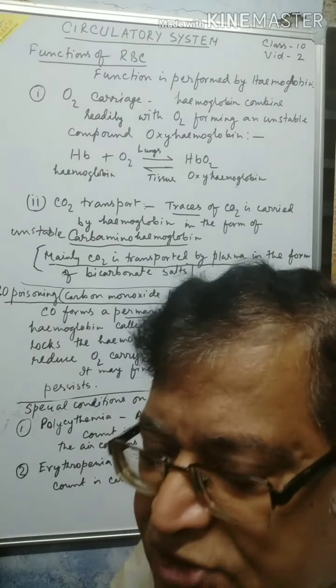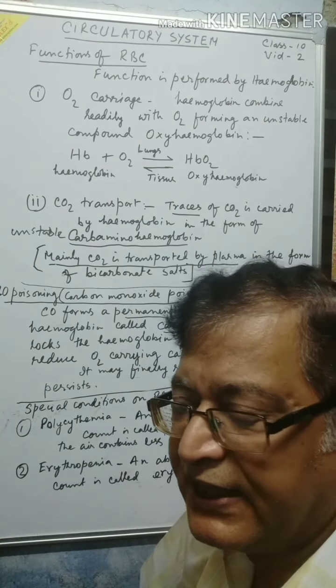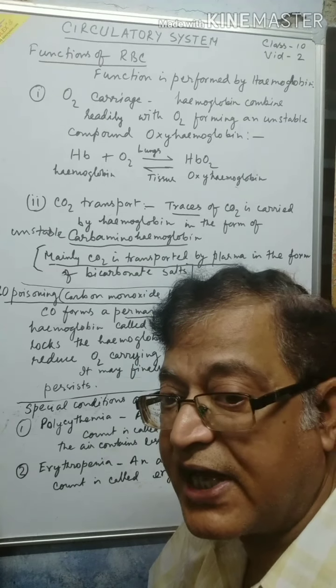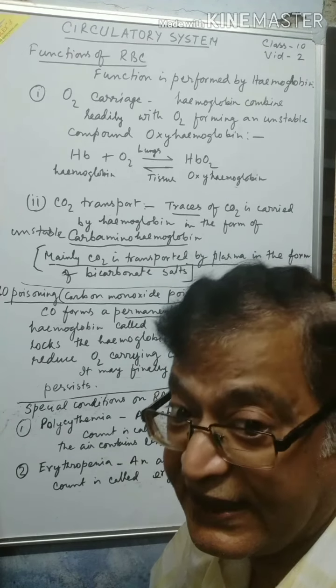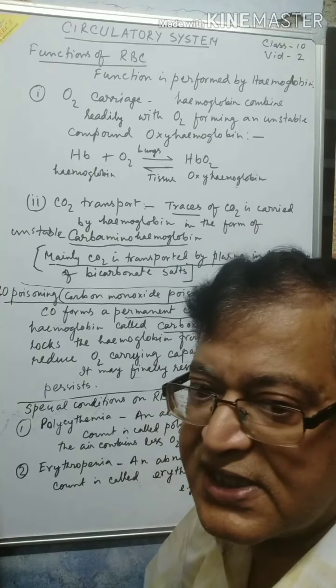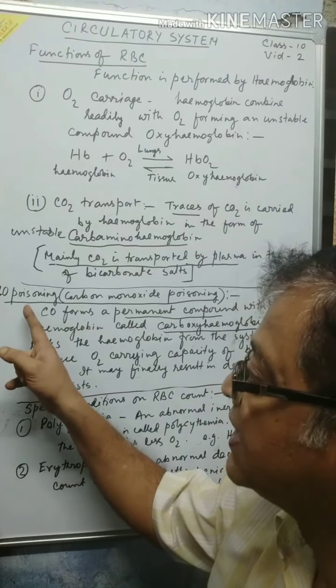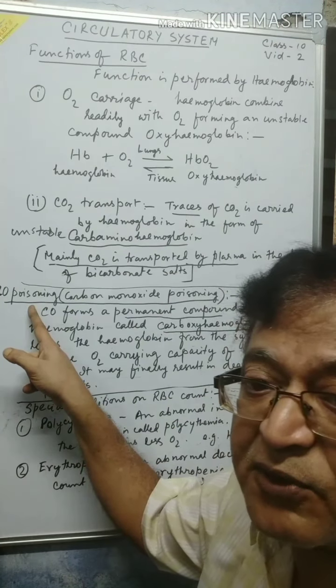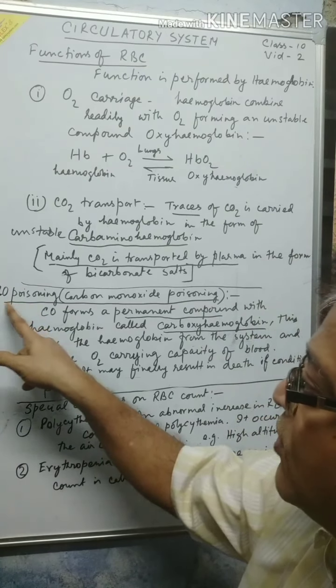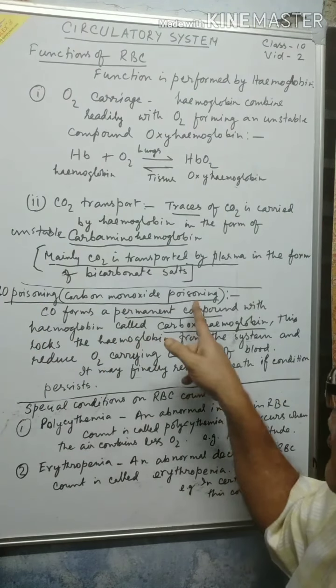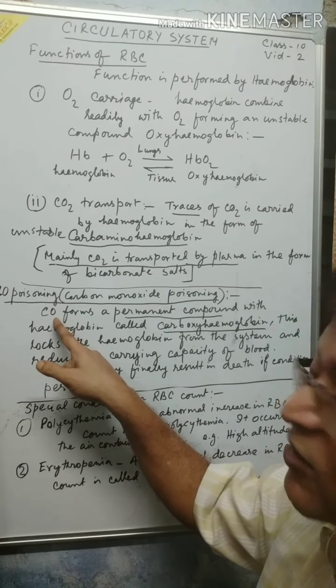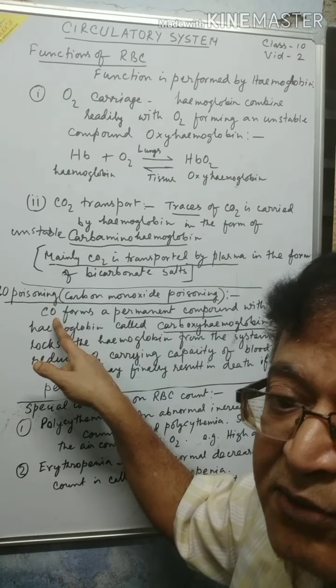It is carbon dioxide, but in case the carbon monoxide presence in the atmosphere is high, then there will be a poisonous effect. It is called carbon monoxide poisoning, CO poisoning. Carbon monoxide has a great affinity with hemoglobin.